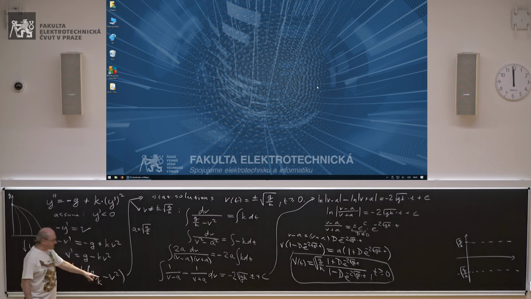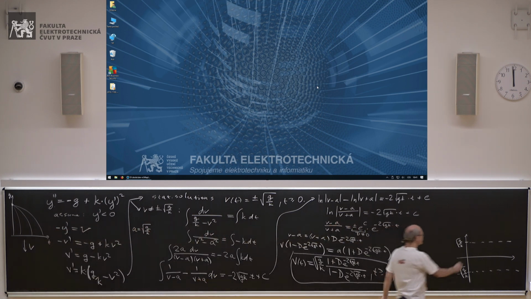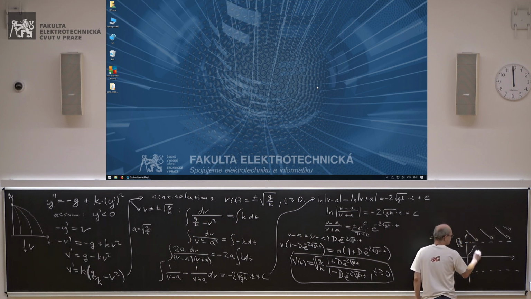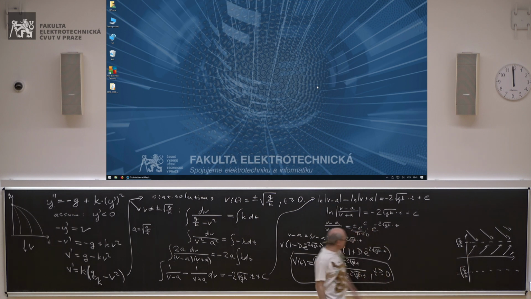When v is really large, close to infinity, then this will be negative infinity, negative derivative. So it means decreasing velocity. Here, positive. I can imagine that velocity is about 0.